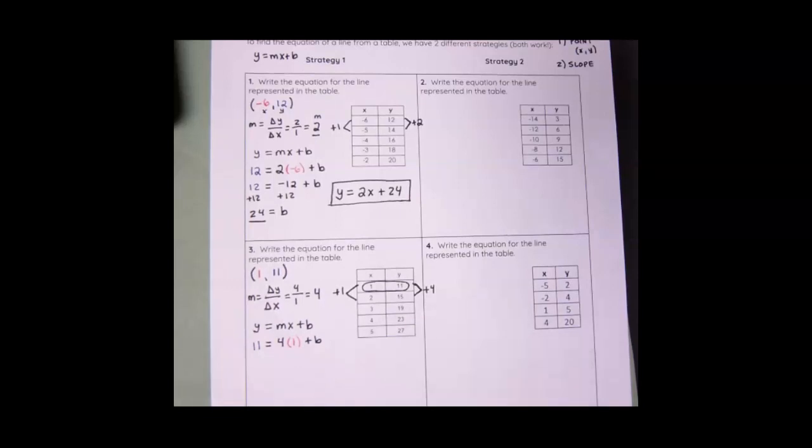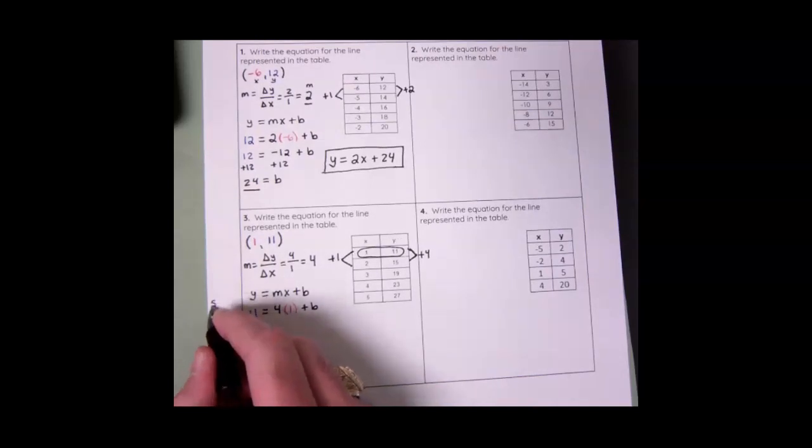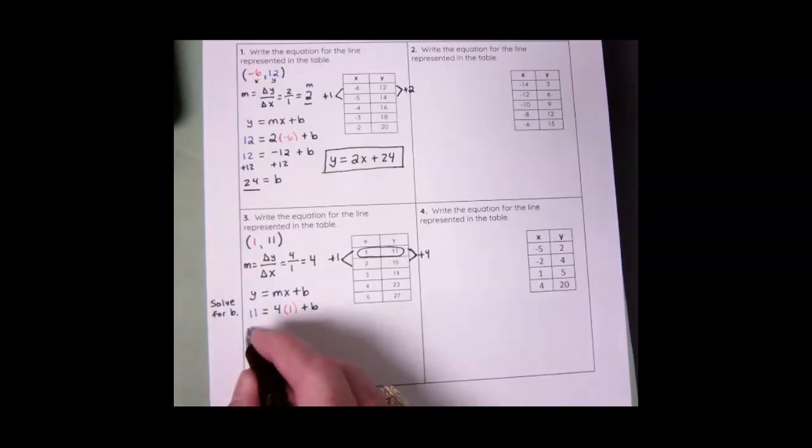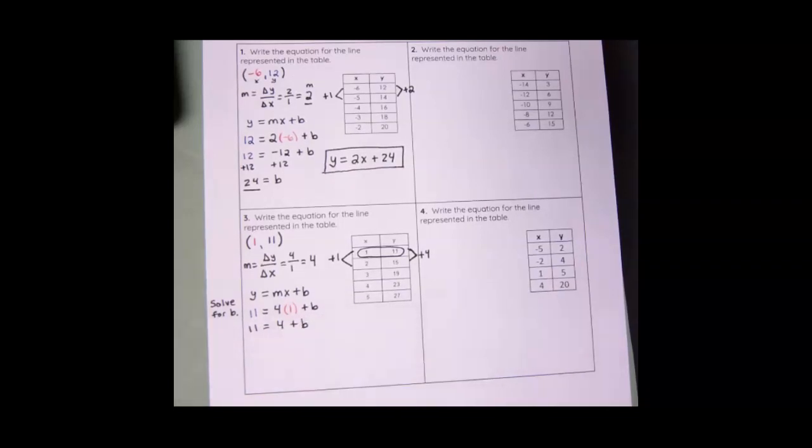Okay, then what I would do is I'm going to solve for b. As a reminder, I'm going to write here, solve for b. The way I solve for b is I first simplify this, so I'm going to continue to write 11 stays the same, and then 4 times 1 is 4, plus b.